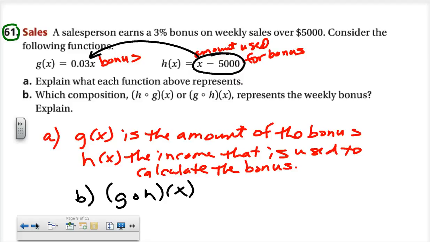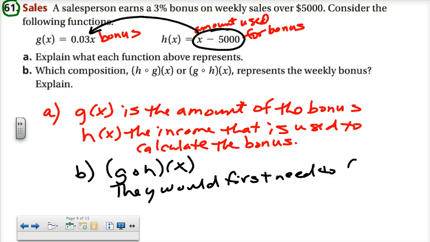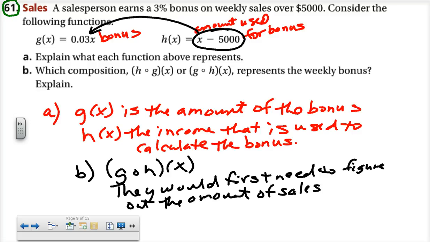Well, we would pick this one because they would first need to figure out the amount of sales eligible for the bonus before calculating the bonus.